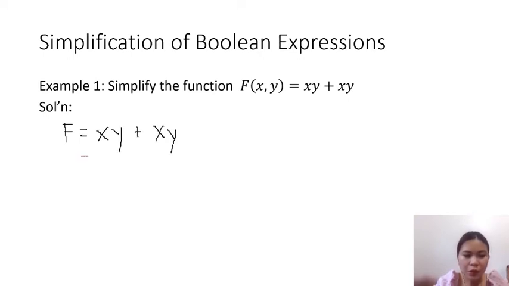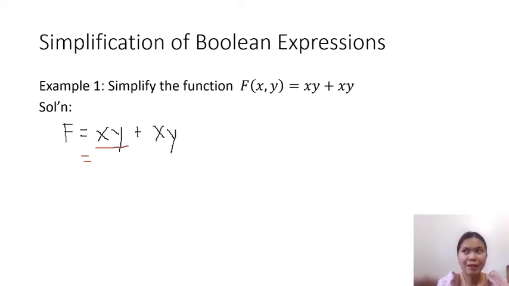Okay, so what you're going to do first is identify which is the best first step. You have to check each of the combined variables in the expression if there is any of them that you can reduce. So let's say, for example, can I reduce x and y alone?